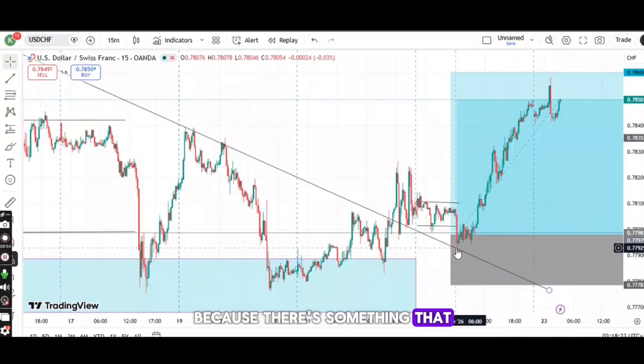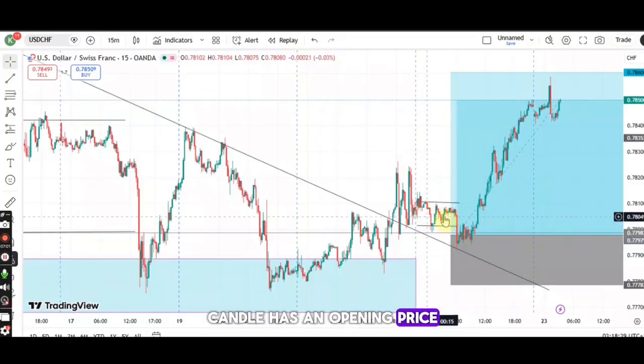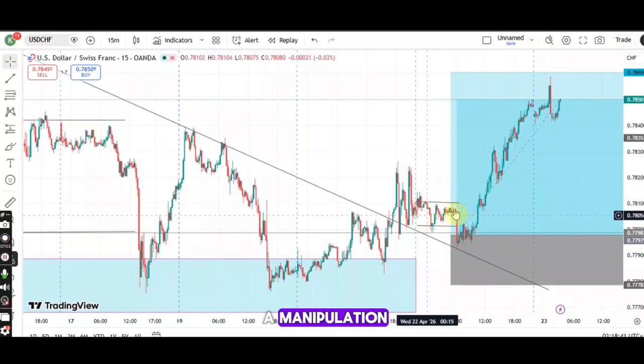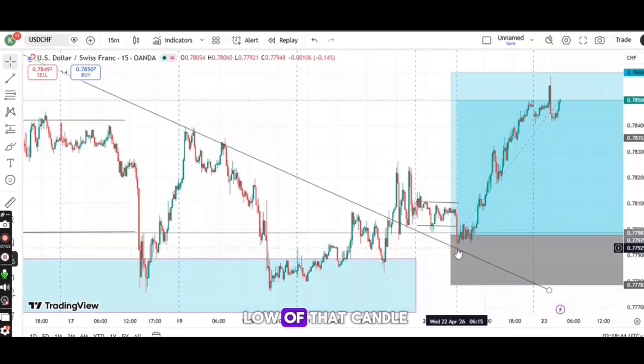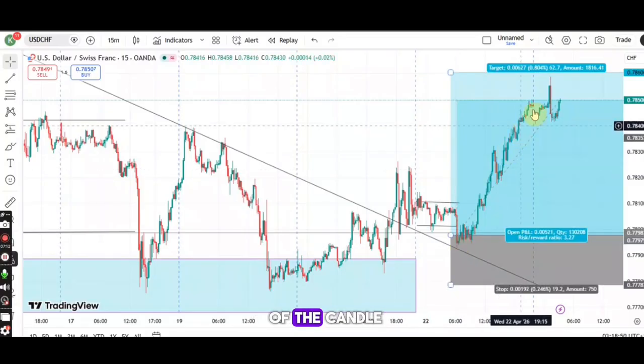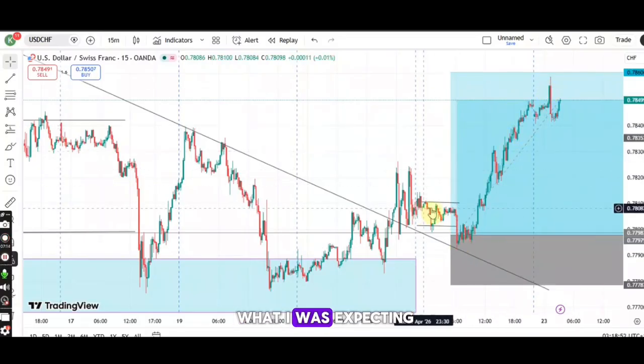Because there is something that I usually think about when I think of candles. A candle has an opening price, then there will be a manipulation that will create the low of that candle or the high of the candle depending on the direction the market is going on that day, and then the distribution of the candle. So that was exactly what I was expecting.